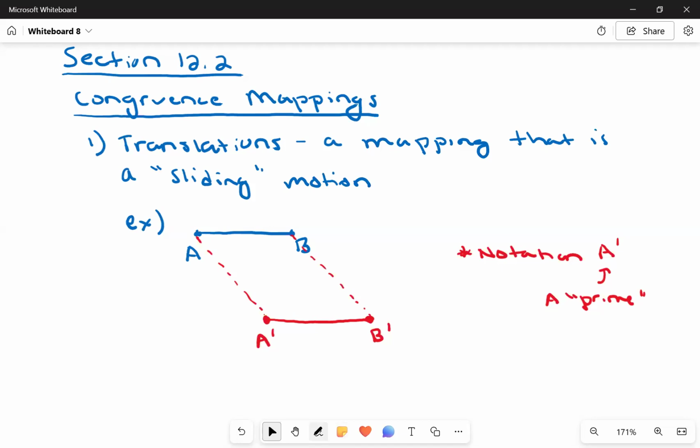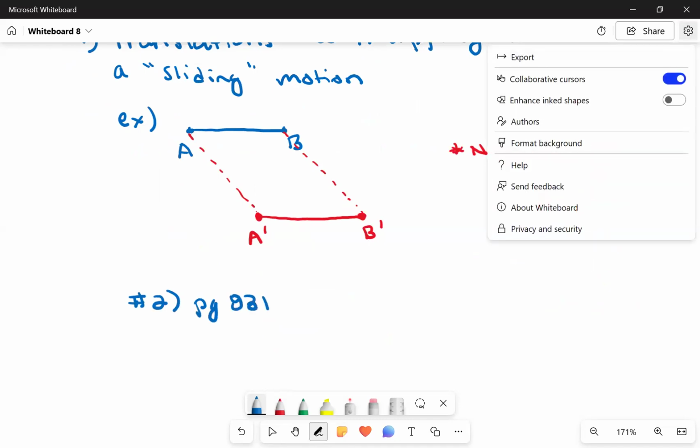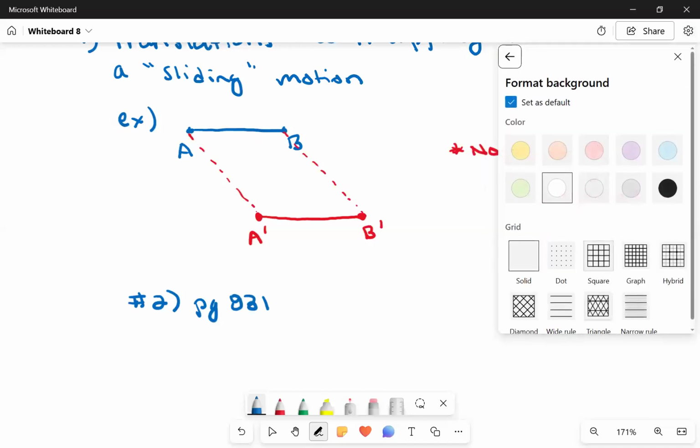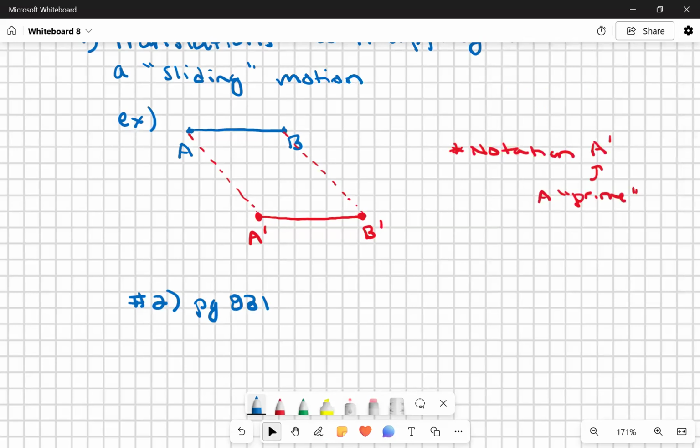All right. I am going to do a rough sketch here of number 2 on page 831, and I'm going to access my graph paper or graphing background here to do this the best I can.